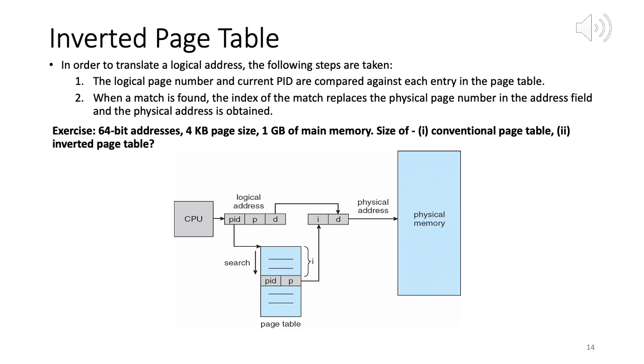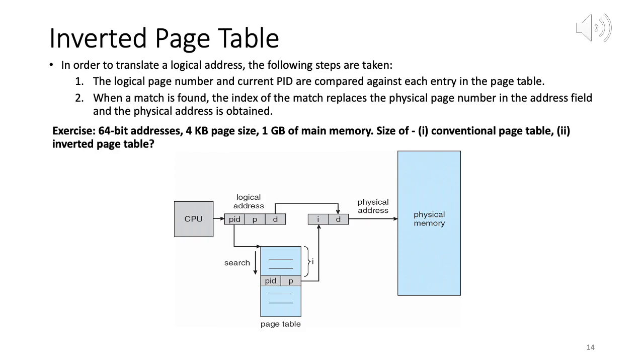So this inverted page table is indexed using the physical frame number, or the starting address of the physical frame, what we had as F in the earlier example. So what you do is simple.